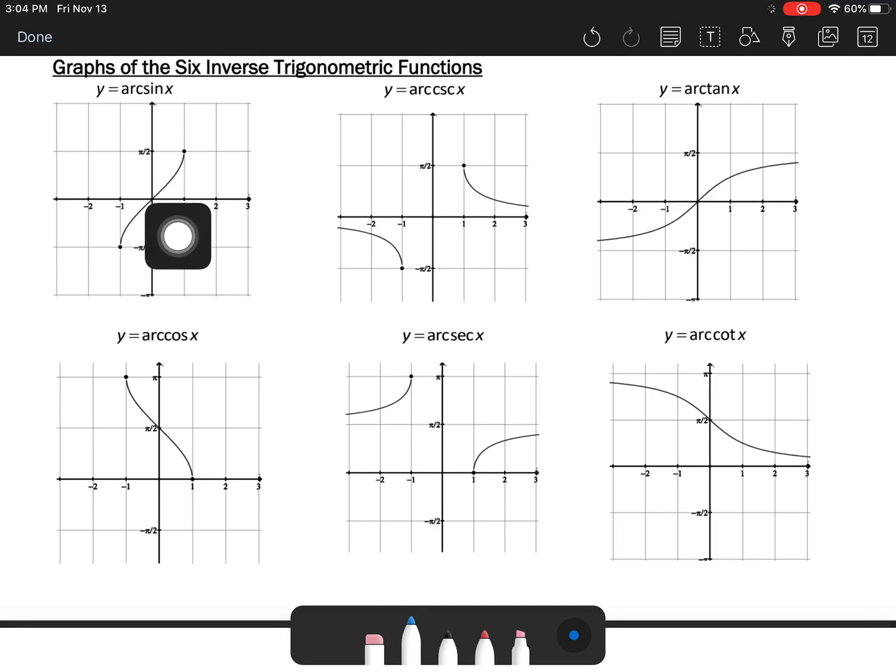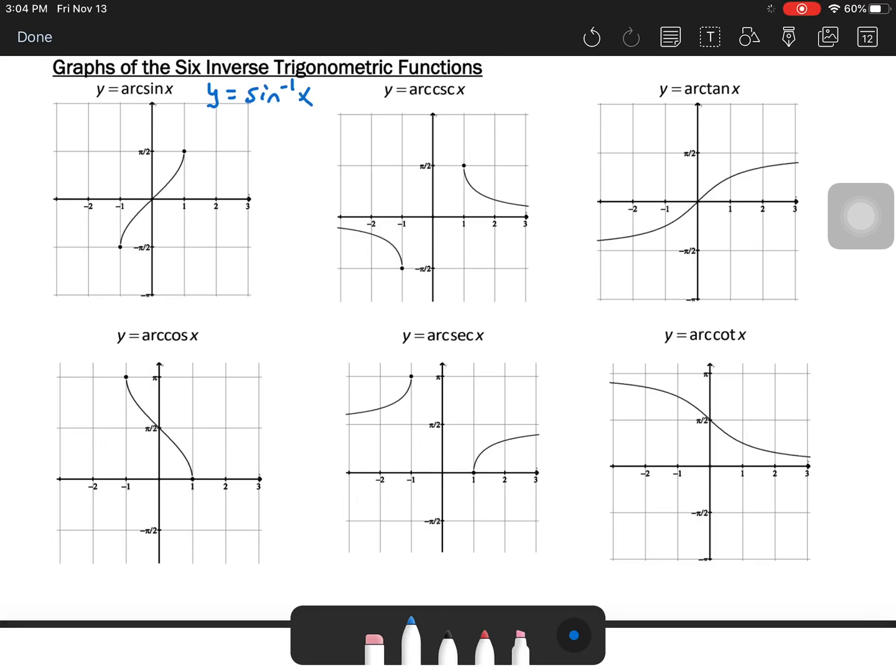So basically, arc sine means inverse sine, and arc cosine means inverse cosine. That's just another notation. So you might see that ARC, which really means the same thing as our inverse notation.